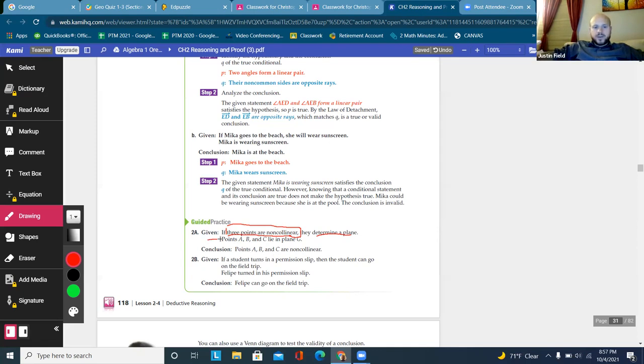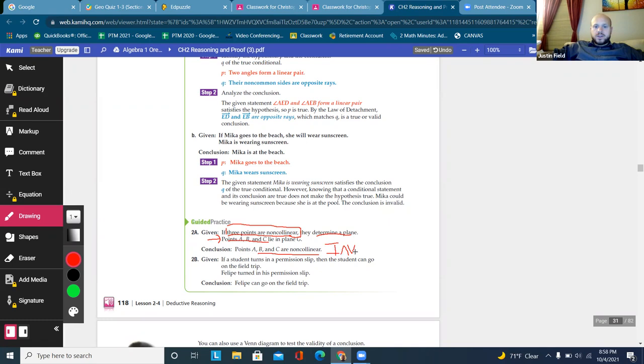But here we're given the statement that they lie in a plane, and then drawing the conclusion that they're non-collinear, no, this is invalid.